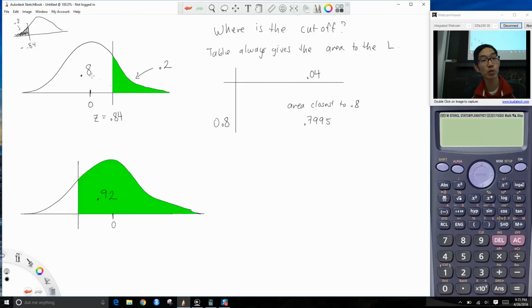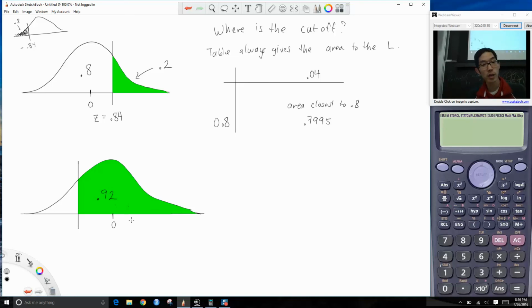Okay, so we just want to make sure that these two sides together add up to 1. And so we have the shaded area is 0.2, the unshaded area is 0.8, okay? And we actually want the unshaded area because we want the area to the left. The area to the left is what we're looking up, so we're going to look up the thing closest to 0.8, and that's 0.7995, okay?